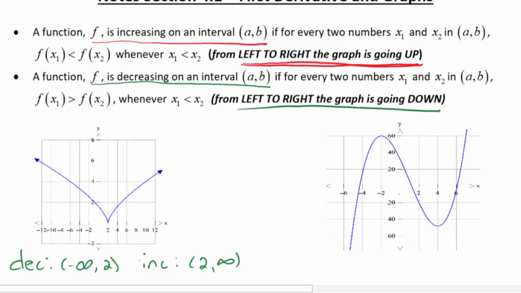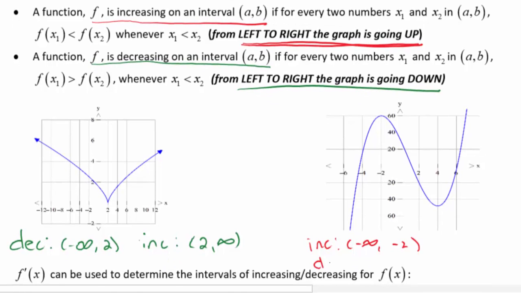For this next function, we can see that I am increasing from negative infinity to negative 2. I am decreasing from negative 2 all the way to positive 4. And I'm increasing again from 4 to positive infinity.